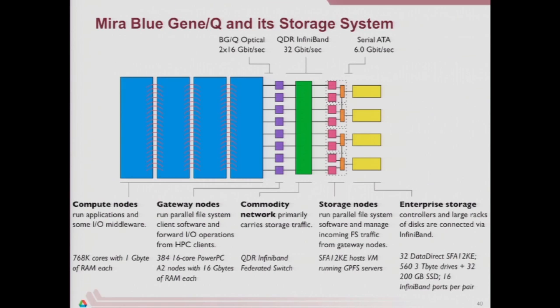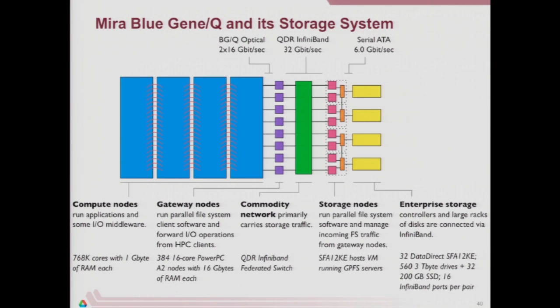So the hardware picture: we have compute nodes, 768 cores out here, so lots of cores, and a collection of gateway nodes or I/O forwarding nodes that are connected into these compute nodes via optical connects, and a commodity network out here, in this case QDR InfiniBand, and some storage nodes. These are kind of interesting storage nodes that are integrated.